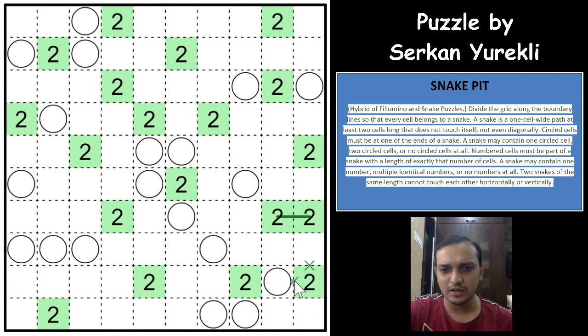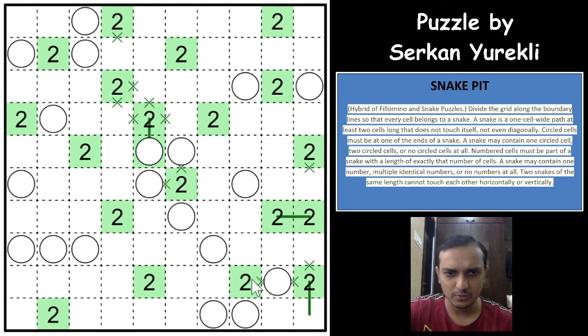So I'll mark the crosses here, where you cannot have the 2s extended, right? So you cannot extend the 2 here as well. Okay, so as you can see here, this 2 would have to extend this way, this 2 would have to extend this way, right? So this is one of the snakes here. That gives you a helper here, the cross here.